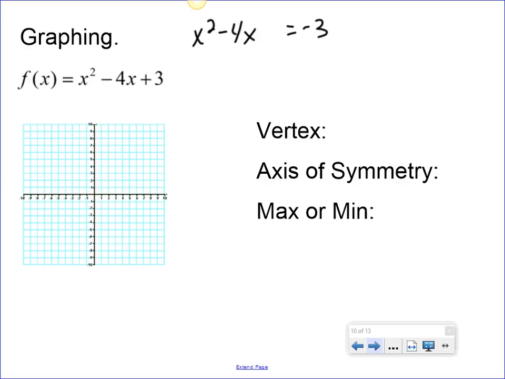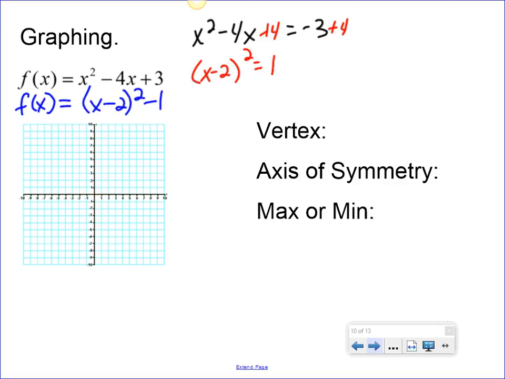Well, half of a negative 4 is negative 2, squared is a 4. So I add on 4 to both sides. So I've got now an x minus a 2 squared equals a 1. If I move it back across, back into function form, f of x is equal to an x minus a 2 squared minus 1.